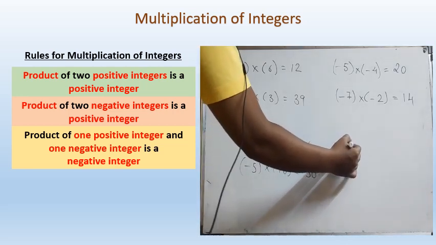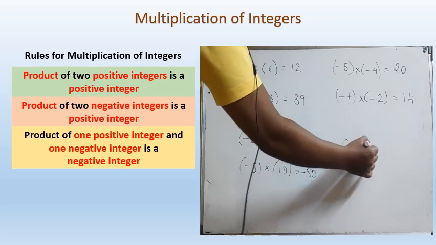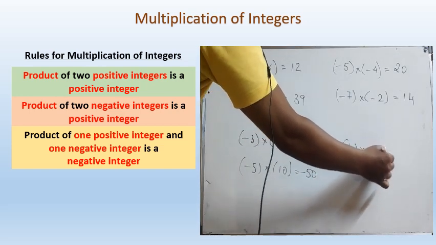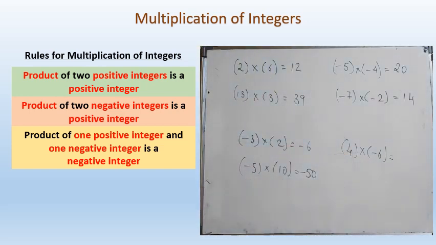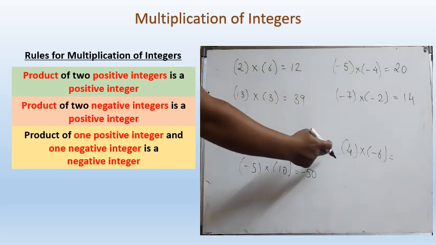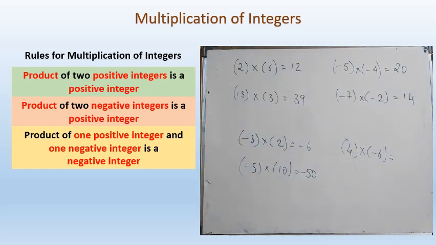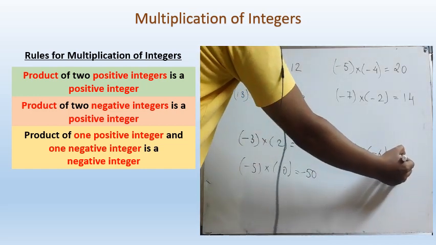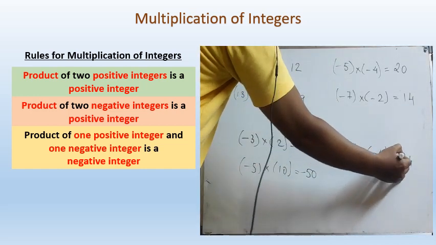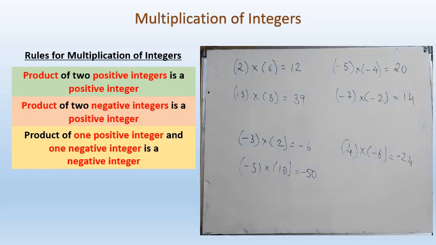So if you have something like this, 4 multiplied by -6. See, what is the statement? Multiplication of two integers with different signs, the product is negative. So we got two integers with different signs. So the product will be 24 and the sign will be negative.